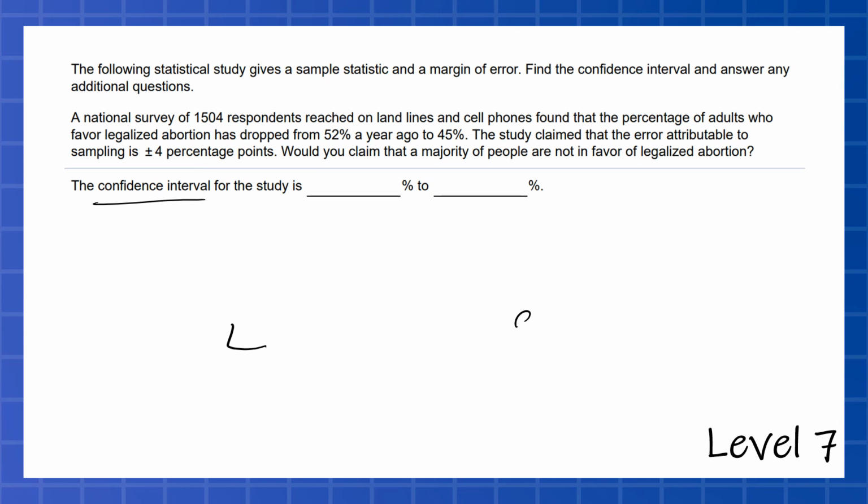So when we look at this problem, it says the majority of people are not in favor of legalized abortion. And so what we need to do is look at the percent that is not in favor of legalized abortion. But that 45% was in favor.